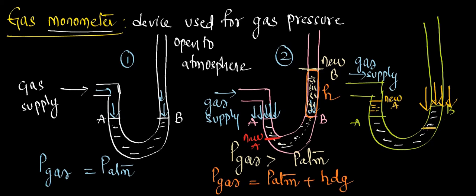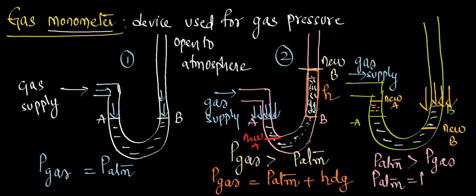And the B side liquid drops down. This is the new B point. Now whose pressure is more? Atmospheric pressure. Outside pressure is more. So I can say the pressure of the atmosphere is more this time compared to the pressure of the gas. So I can say the pressure of the atmosphere is nothing but the pressure of the gas plus HdG.